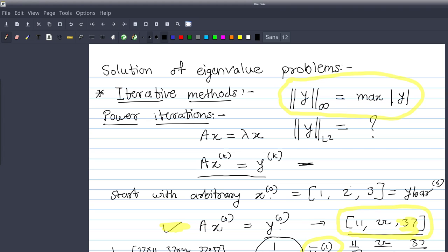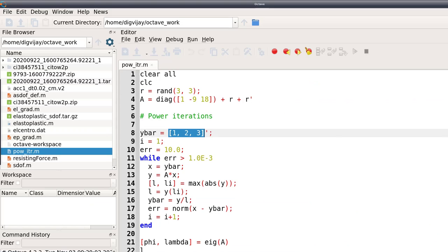I did this because I need to keep saving the value of x and y bar. I need to know the previous value of y bar, so that I can compare it with the new value of y bar. So the previous value I assign to x, so that I can use it in the calculation of the norm. Otherwise, in the first iteration itself, it will show as converged, because y bar is equal to y bar.